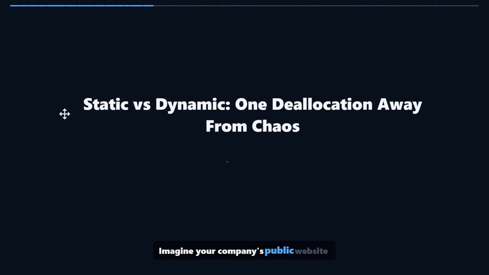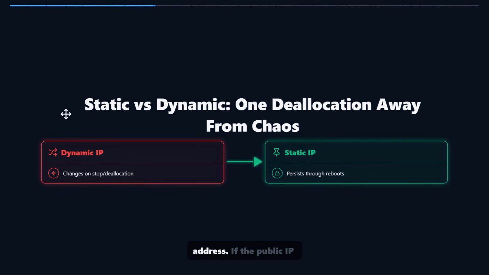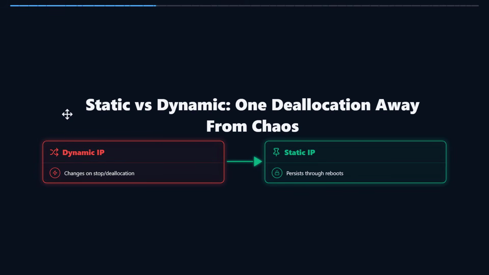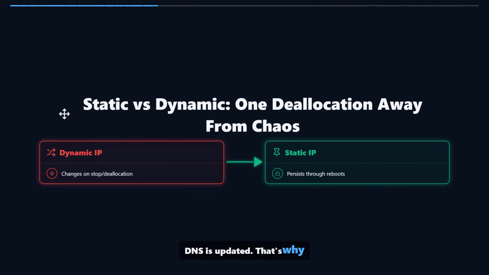Imagine your company's public website points to a virtual machine. The public DNS record sends customers to that server's IP address. If the public IP changes unexpectedly, customers can no longer reach your application until DNS is updated. That's why many production services use static public IP addresses.